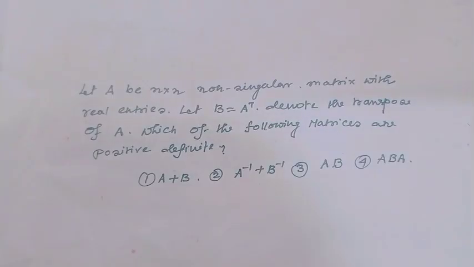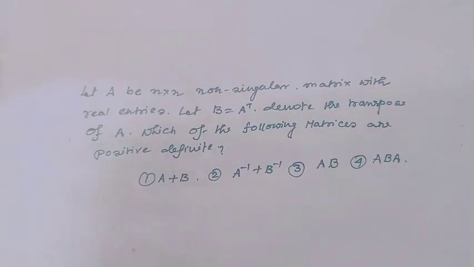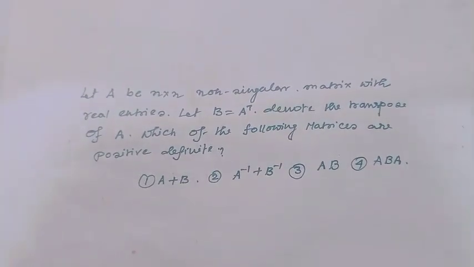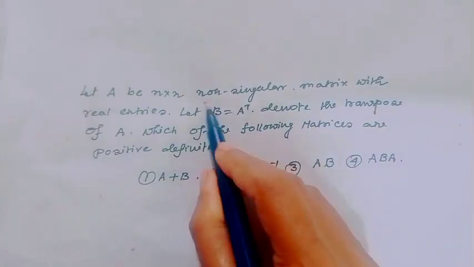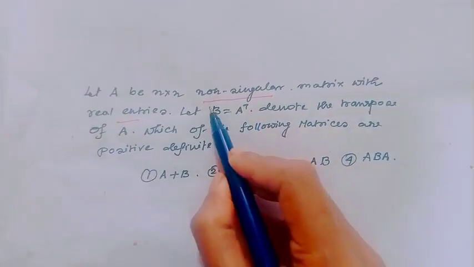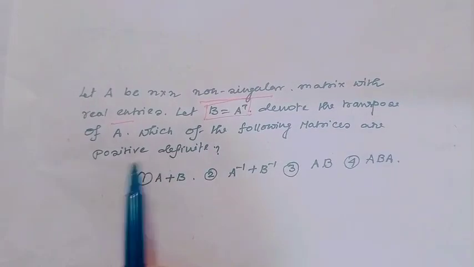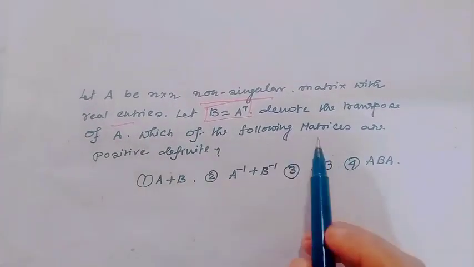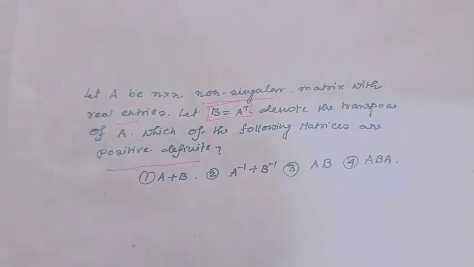I will take another question which is also of a similar type but slightly different. The question is: let A be an n cross n non-singular matrix with real entries and consider B equal to A transpose, which denotes the transpose of the matrix. Then which of the following matrices are positive definite?